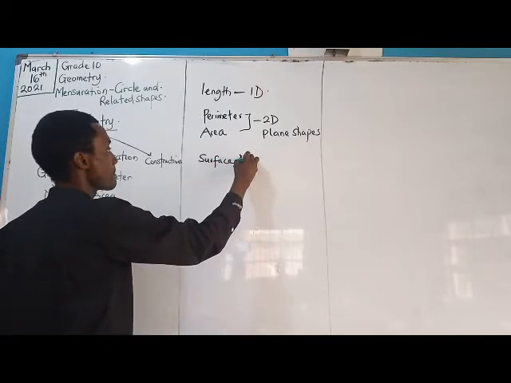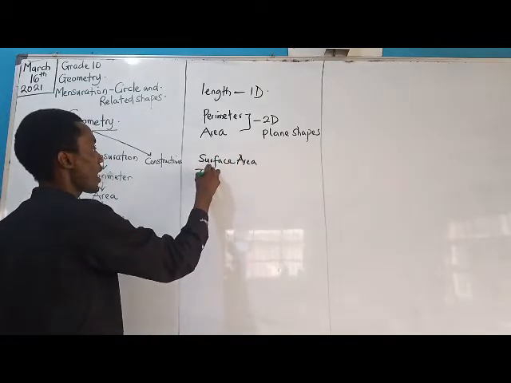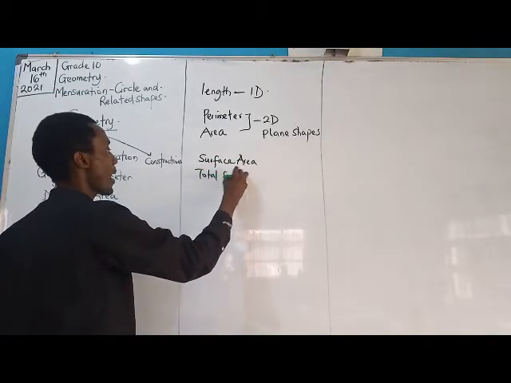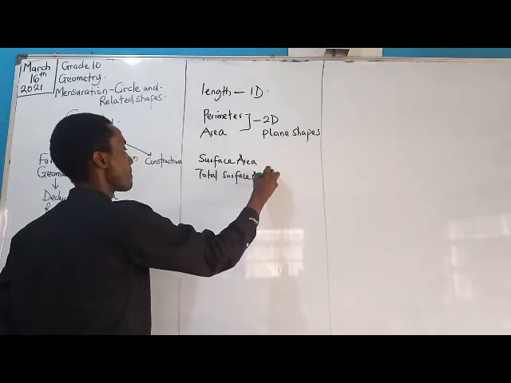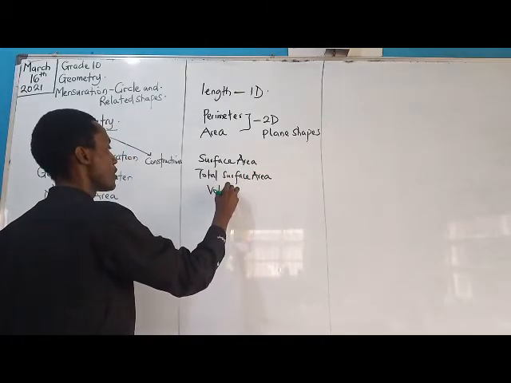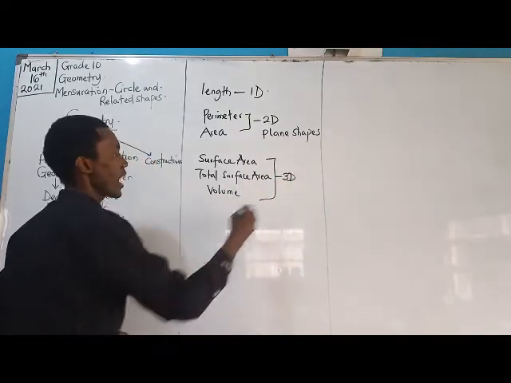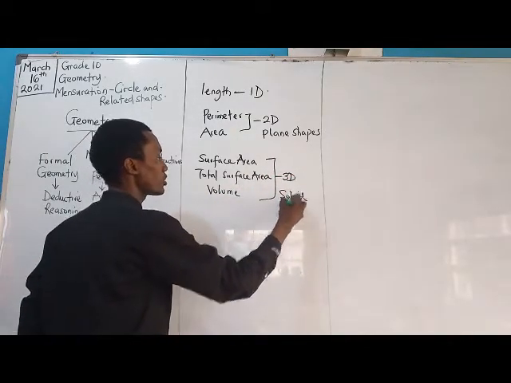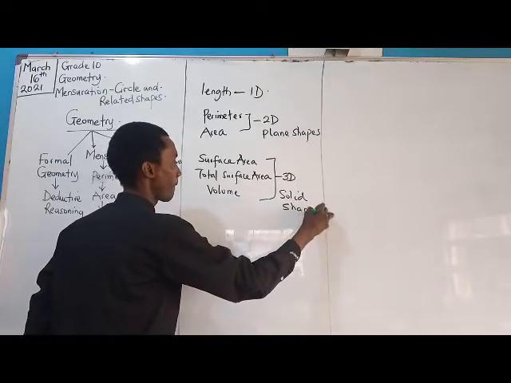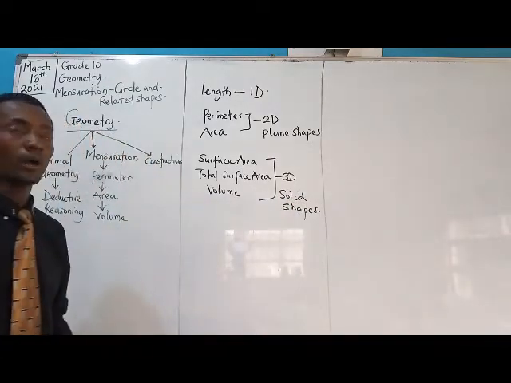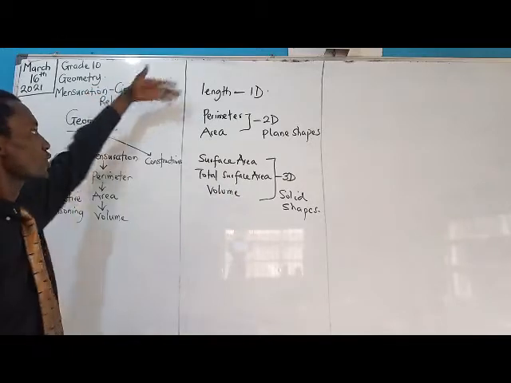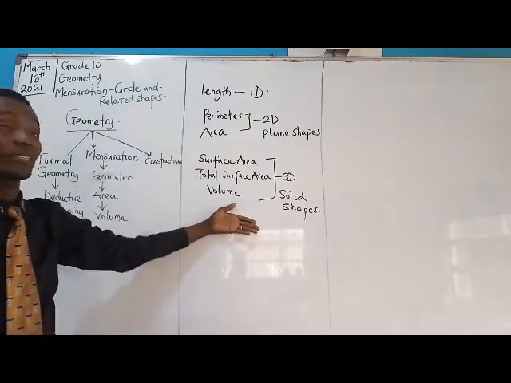Then we also have what is called surface area, total surface area, and volume, all giving you something we call 3D and essentially solid shapes. So when we talk about mensuration, it doesn't go more than this.